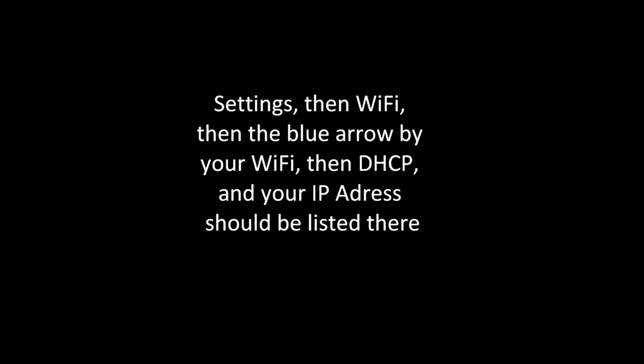Should say IP address and then whatever your IP address is. So you'll want to enter that into the host name, include all the numbers and the dots or periods or whatever you want to call them.